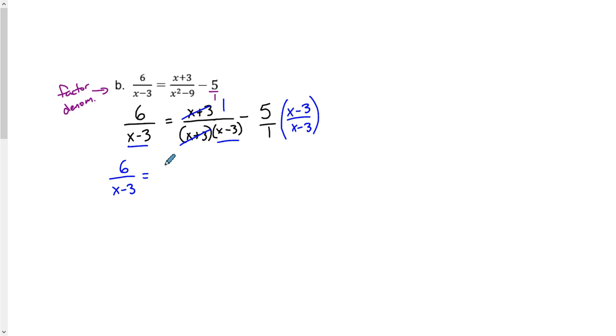On this one, we have a 1. Our only denominator is an x subtract 3. And then negative 5 onto x, negative 5x, negative 5 onto a negative 3, so positive 15.